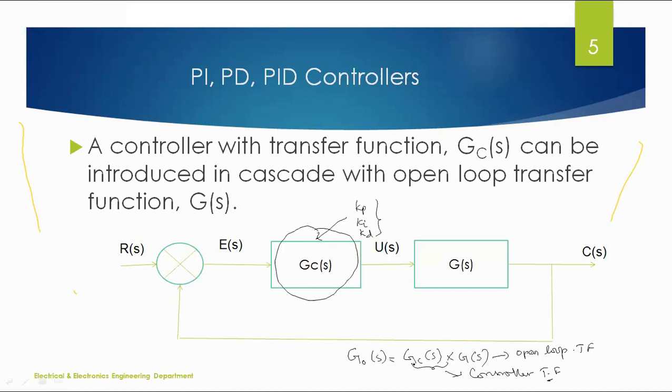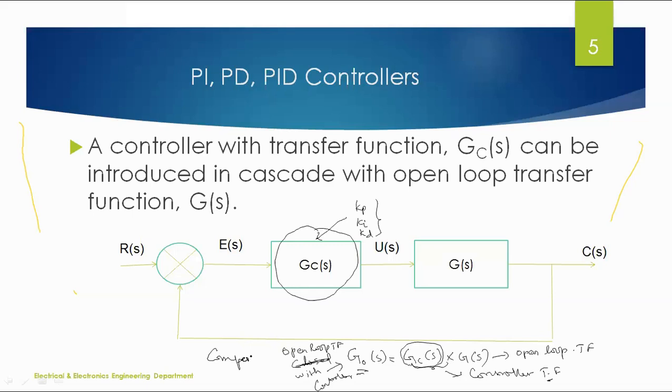So we are going to derive or design this controller transfer function. After that, we have to check G naught of S. G naught of S is the open loop transfer function with the controller, which means the compensated system.